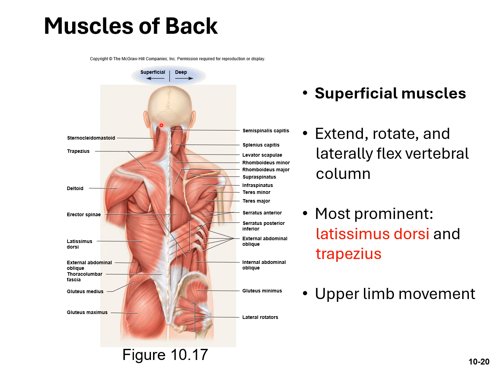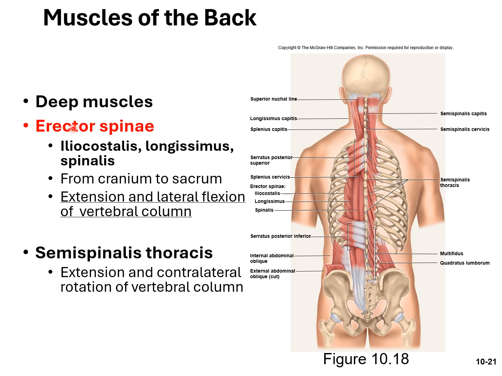And up here I mentioned that it's a neck and back muscle, the trapezius, because it goes all the way down to T12, and all the way up to the cervical vertebrae and the occipital bone. You can see how large that area of the trapezius is. The erector spinae. Just like the name says, it's a group of a couple of muscles, but the erector spinae erects the spine.